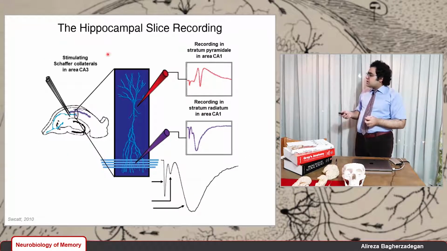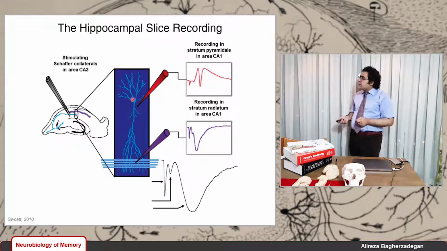So this is a schematic view of that. Again, we have that hippocampal slice, and then scientists are stimulating the Schaffer collaterals in area CA3. And for example, what they do is they record in the stratum pyramidale, in the CA1 area.